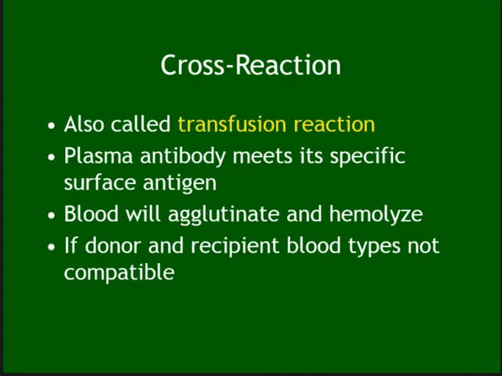What type of antigen is in type B? B. And what type of antibody is in type A? B. So obviously there will be a cross reaction between the antigen that was introduced and the antibody that was there, and this will lead to agglutination and hemolysis. What's hemolysis?